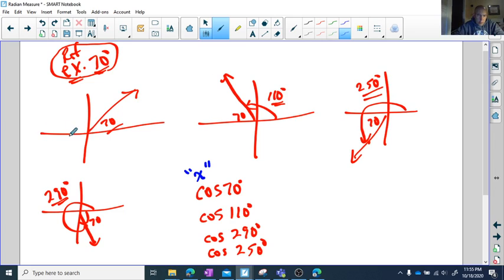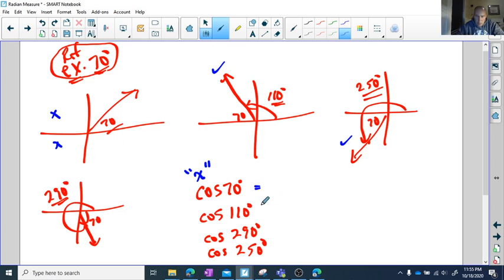Well, these are negative x values, which means cosine should be negative if your angle is over here or down here. So I'm predicting this one and this one should be negative, and the one in quadrant 1 and the one in quadrant 4 should turn out to be positive because these are positive x values over here.